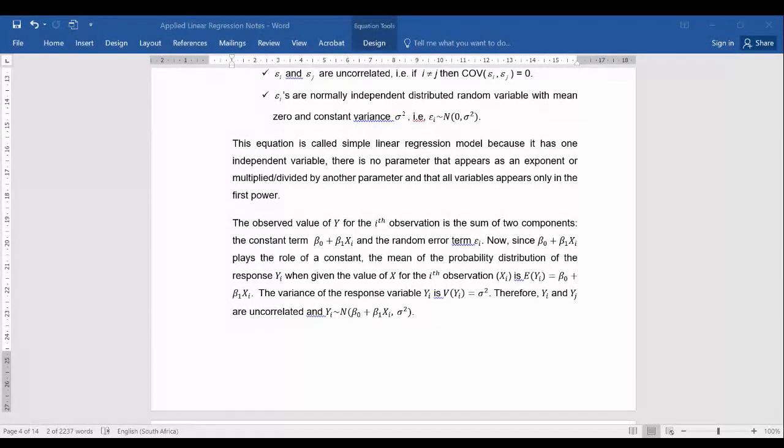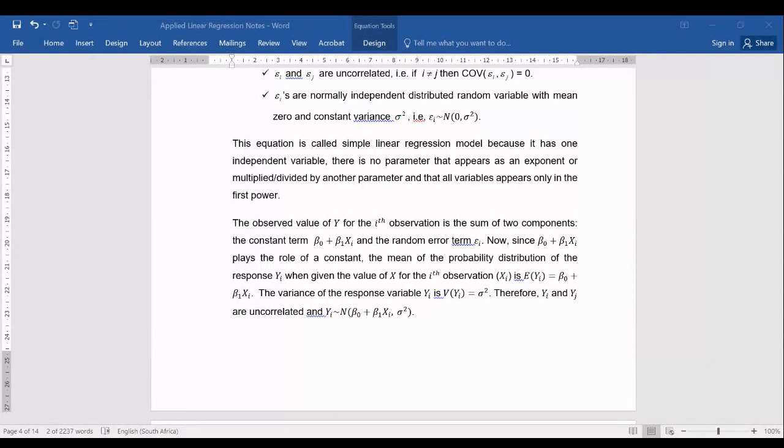So now we have our model, yi, which is equal to beta 0 plus beta 1 xi plus the error term.